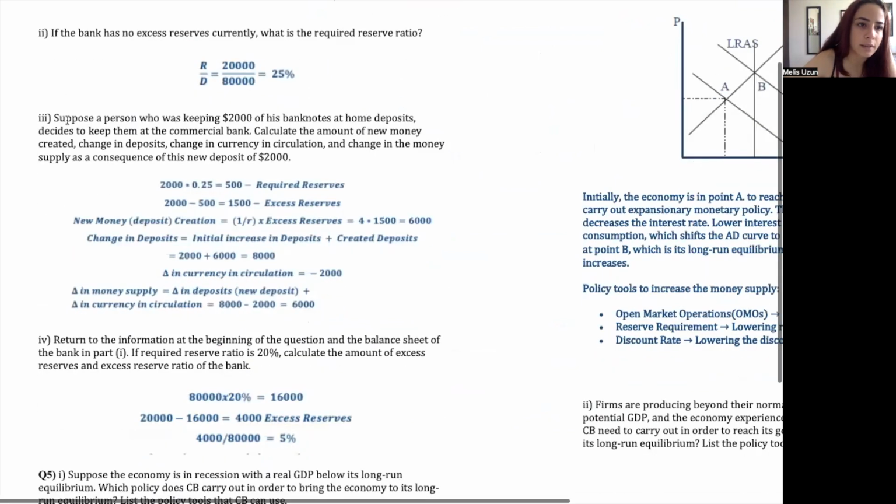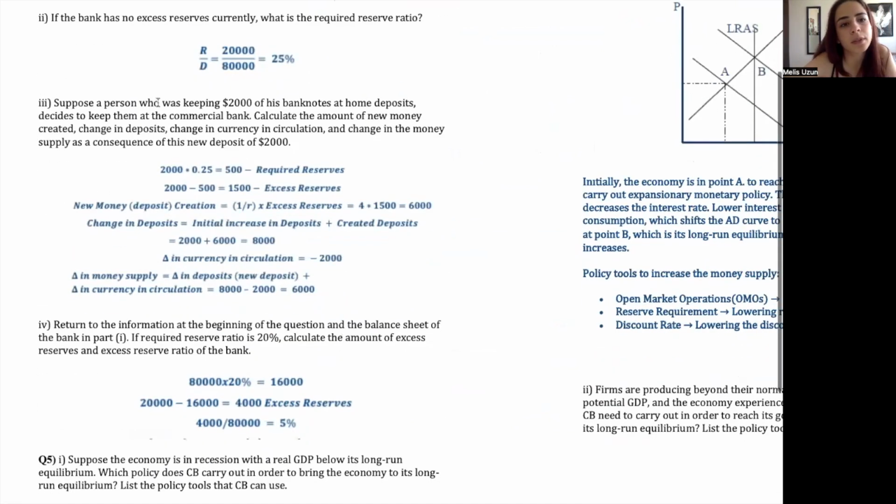It asks us in the third part: suppose a person who was keeping 2,000 of his banknotes at home decides to keep them at the commercial bank. Calculate the amount of new money created, change in deposits, change in currency in circulation, and change in money supply as a consequence of this new deposit of 2,000.